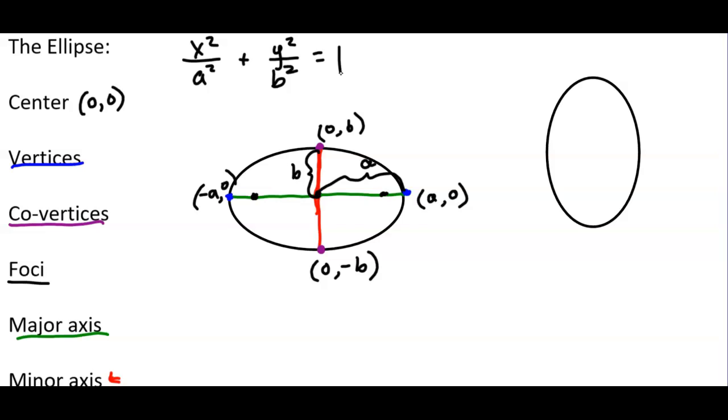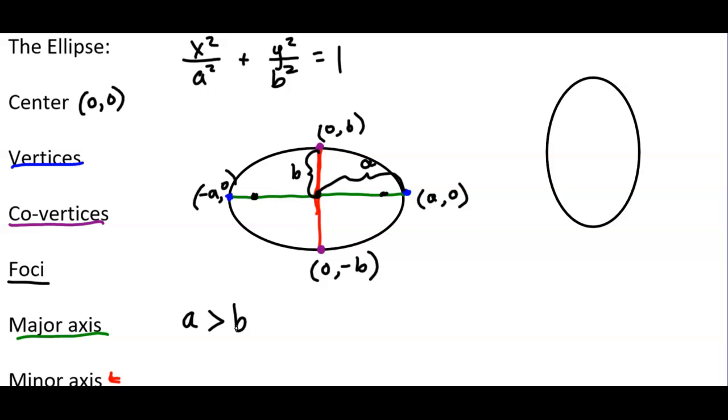All right, so that's a good one to know. And for our purposes, we're going to say that a is greater than b. We have to remember that a is greater than b. Probably should put that someplace. And then we have one distance that we haven't talked about yet.